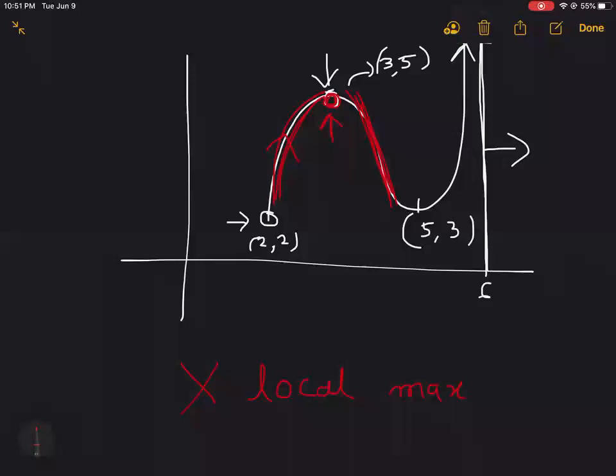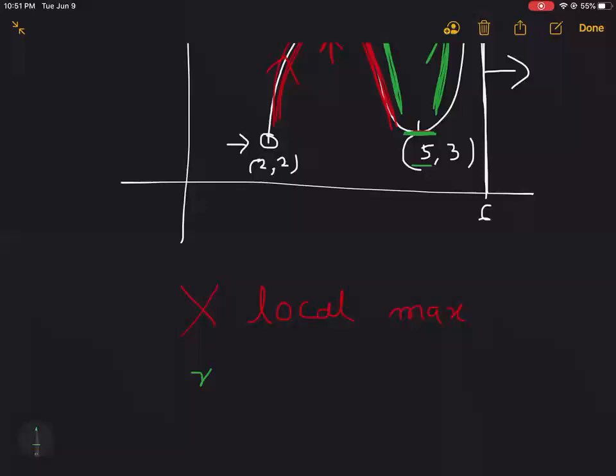Now let's try local min. At this point we can see that up to this was decreasing. After this it looks like it's increasing, right? So at this point we definitely have a local min. The value of x is 5, so we'll say at x equals 5 we have a local min. Again, at this point we don't have a defined value, so we're not going to count that anyway.